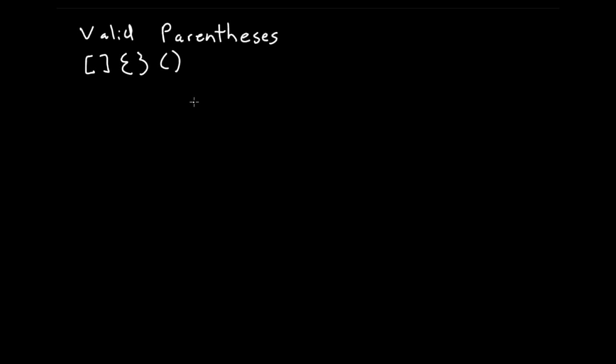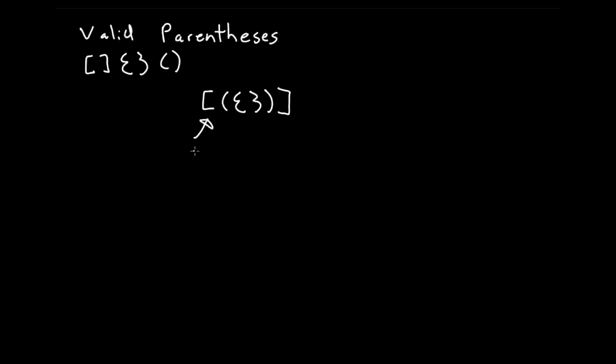So let's say, for example, our string is open square bracket, open parentheses, open curly, and close curly, close parentheses, and close bracket. How would this work? If we were to start at the beginning here and loop from left to right through our string, what we're going to do is add this to an array.